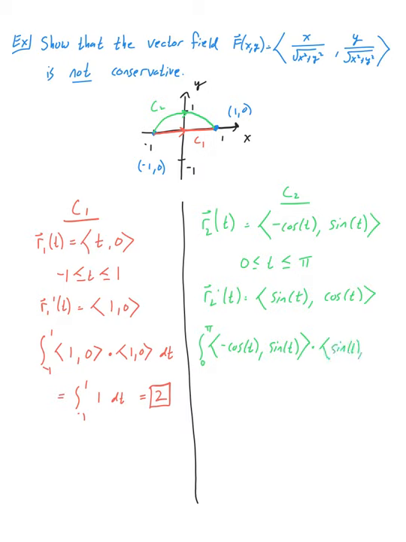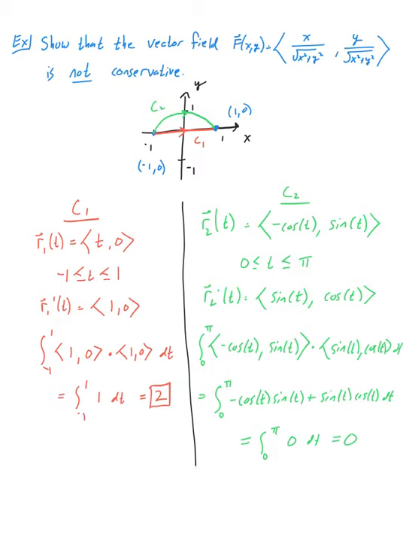And I dot that with the derivative. So expanding this out, I get the integral from 0 to pi of negative cosine of t times sine of t plus sine of t times cosine of t. Well, these are equal, so they're going to cancel out, and I'm just left with the integral from 0 to pi of 0 dt, which is clearly 0.